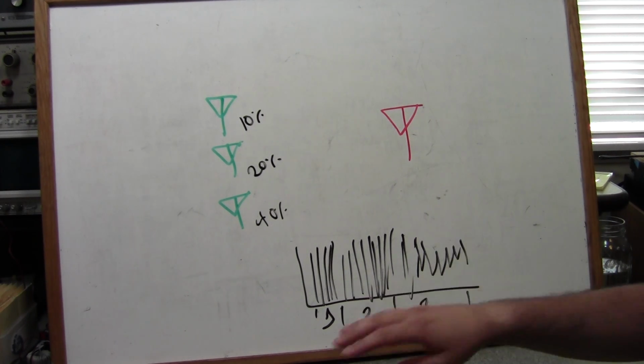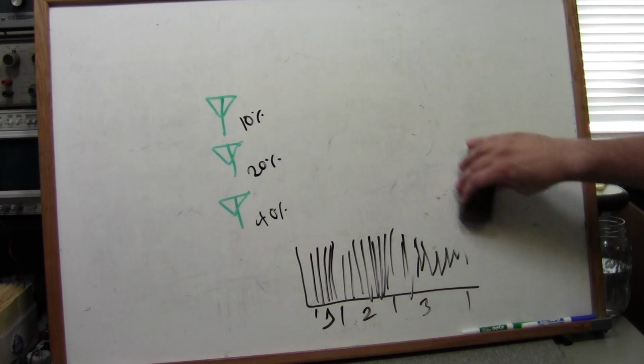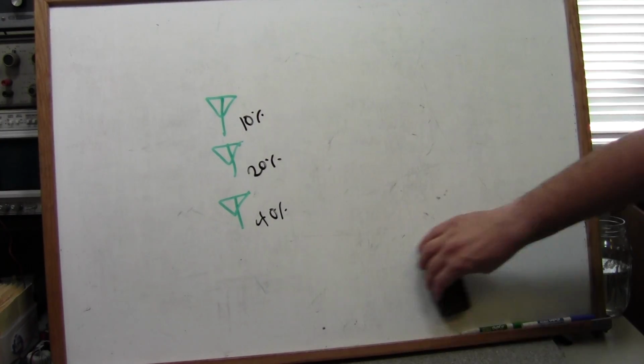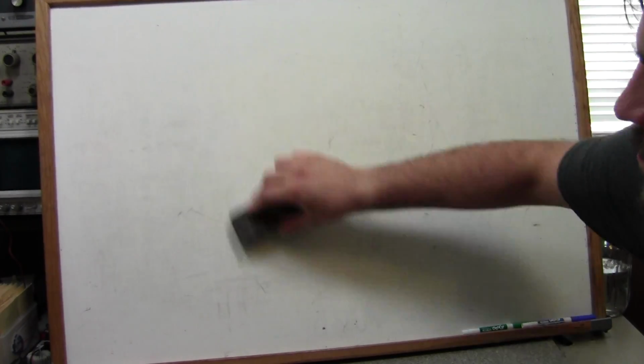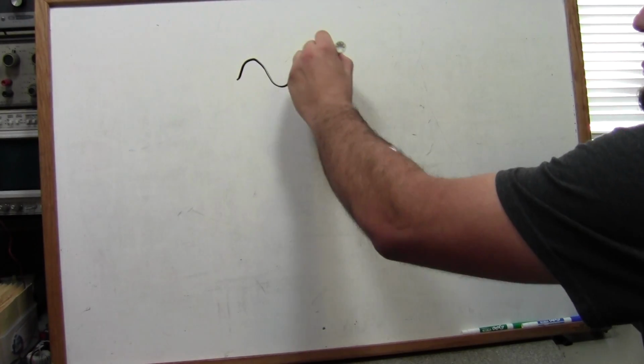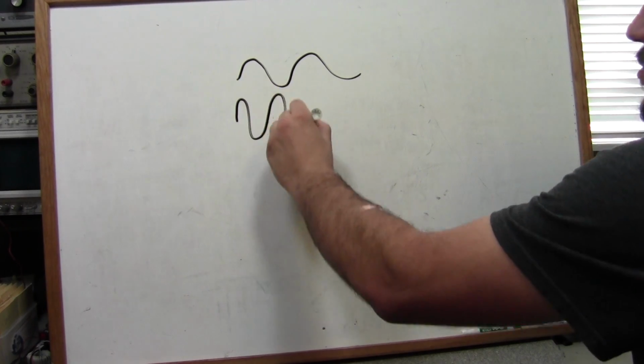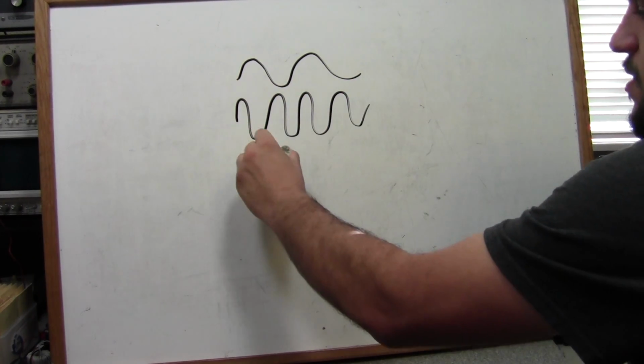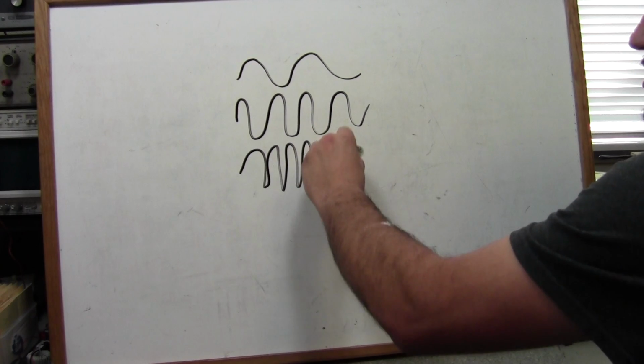Unfortunately, OFDM has a few issues when it comes to actually implementing the receivers and transmitters. On the transmitting side, since you're using all these different frequencies, which need to be orthogonal to each other, they tend to not have a very good correlation with each other.